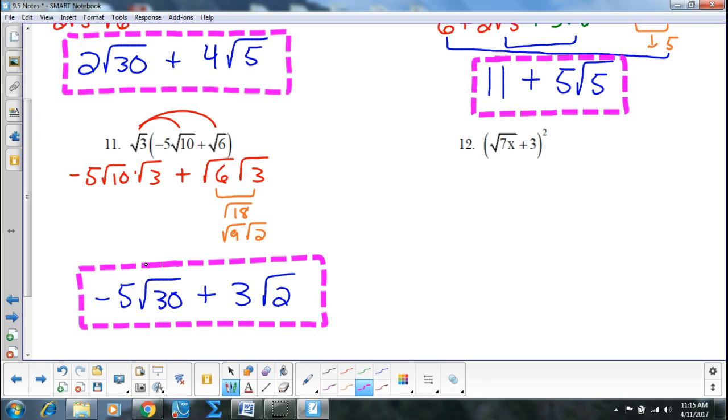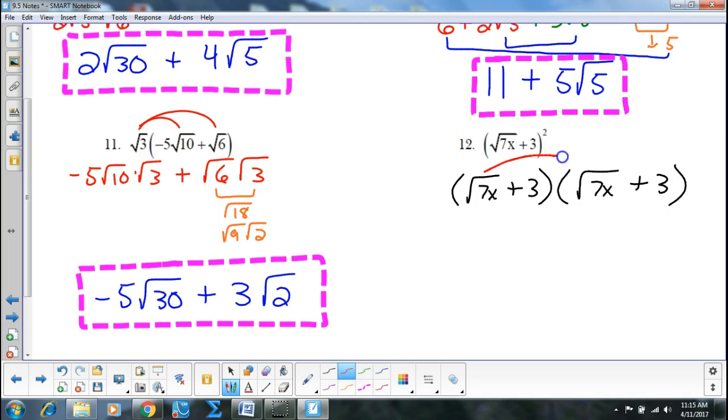Yes? Number 12 then is really the square root of 7x plus 3 times the square root of 7x plus 3. So we get that one and that one.